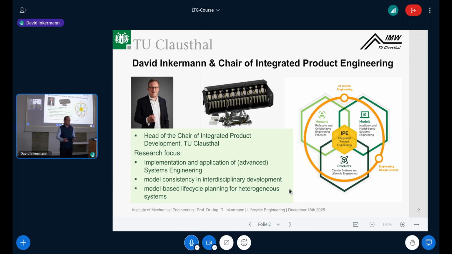My focus in research is mainly in the development of systems or products. This is associated with systems engineering, but also interdisciplinarity, and that is also the topic of today. It's about circularity or life cycle planning.